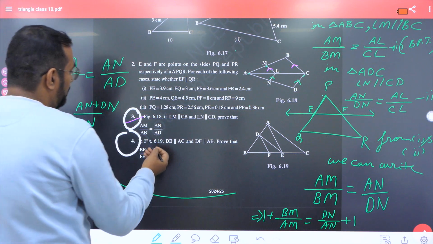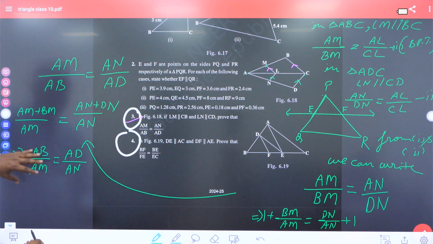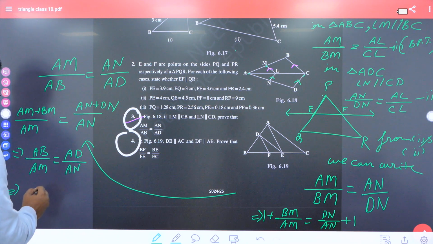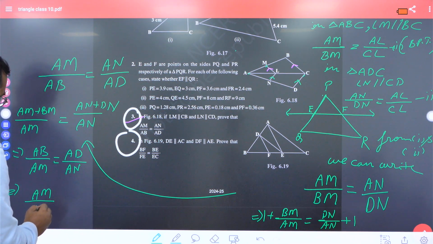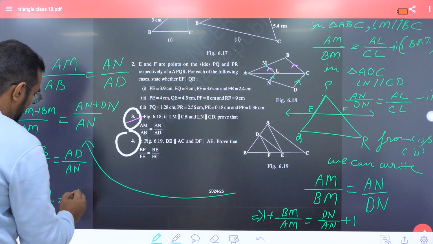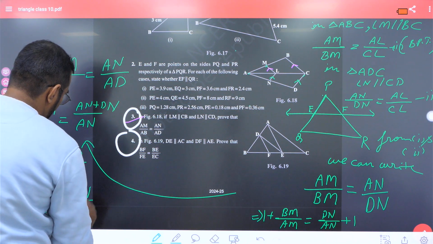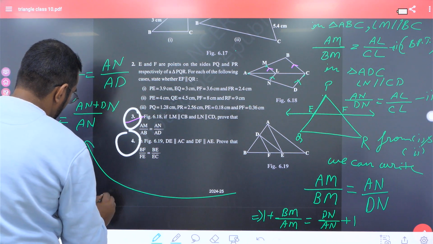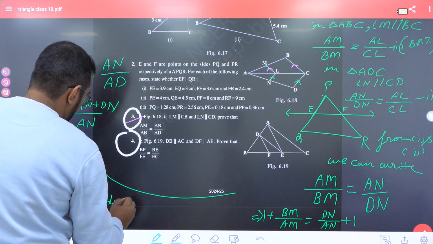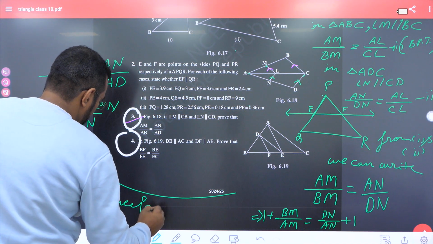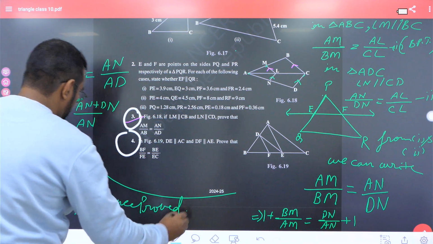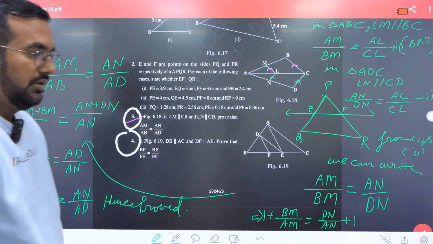But we have to prove AM upon AB, so we will reciprocate it again. So we will get AM upon AB is equal to AN upon AD. Okay beta.